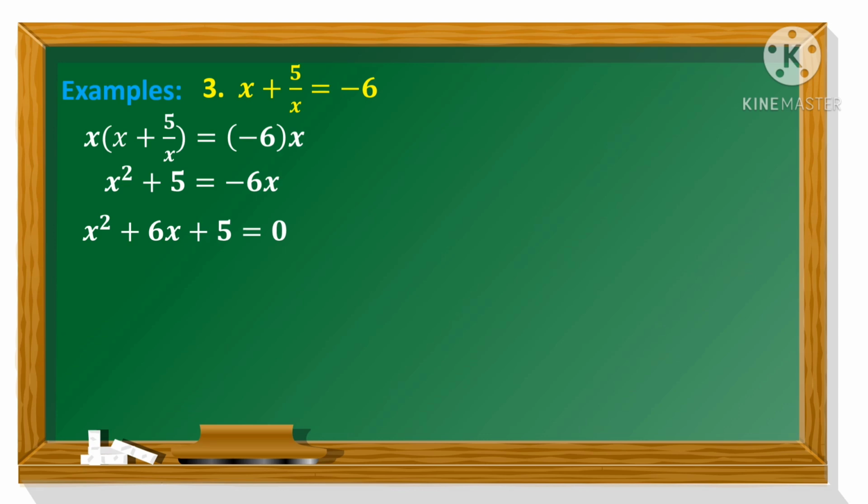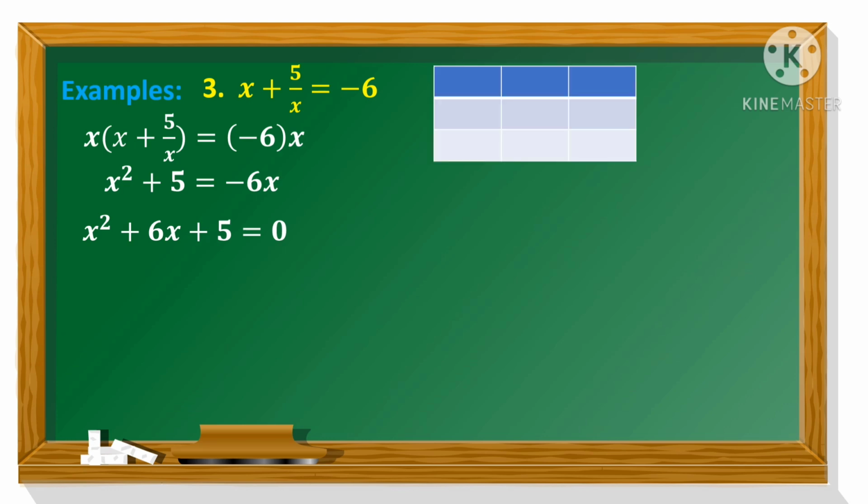We're going to solve to find the value of x by factoring. So we have this table again. We write here x, the quadratic term, followed horizontally by the constant and the linear term. We're going to factor x squared. There's no other factor aside from x times x na lang siya. Then yung 5 as 5 times 1. Then if we multiply horizontally, you have 5x and x times 1 is x.